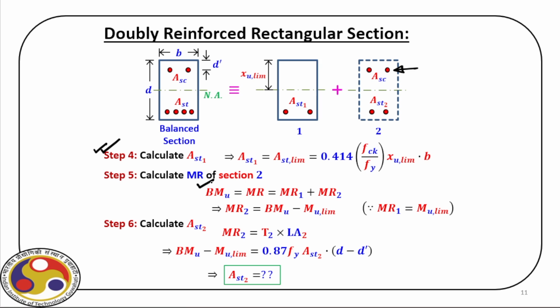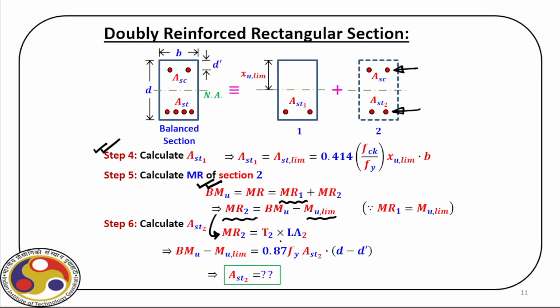We have already evaluated the external demand. We know MR1, which is Mu limit. From these two, we can figure out the additional demand that we have to meet with the additional sectional capacity arising out of this ASC. To balance ASC, we have to provide additional steel in the tension zone, AST2. So first we calculate AST2, because we already know this additional moment requirement.